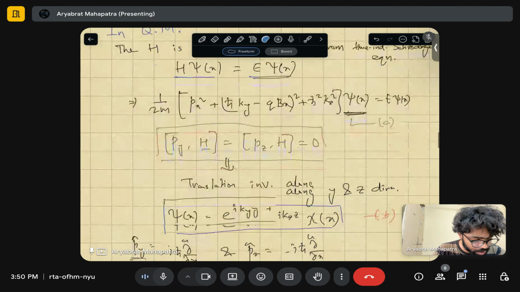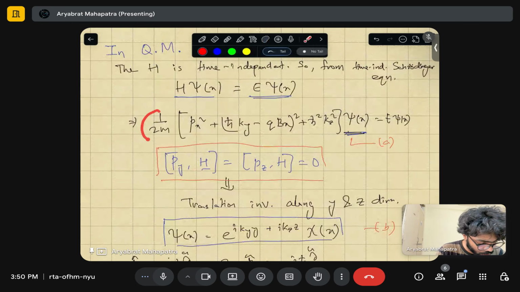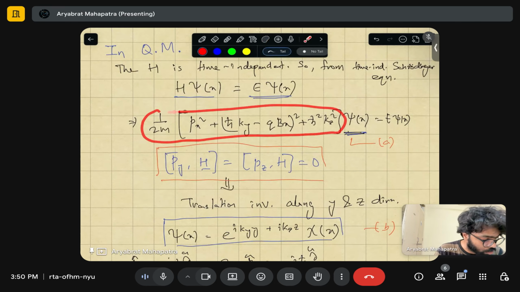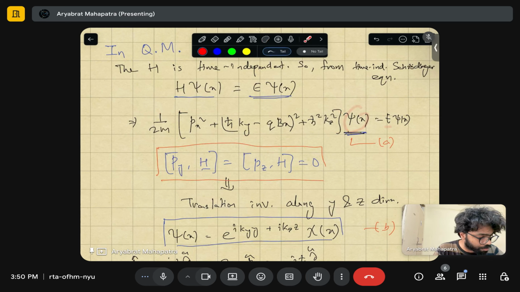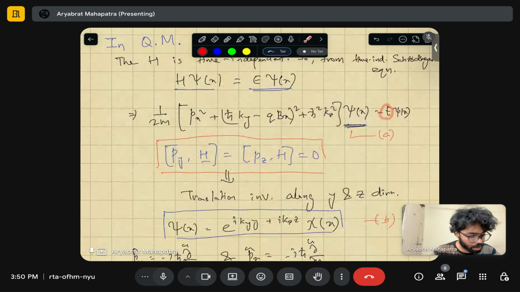Your Hamiltonian is this, and when you act it on psi, you will find an eigenvalue equation. This E will be basically your energy eigenvalues. That is what we'll see here.